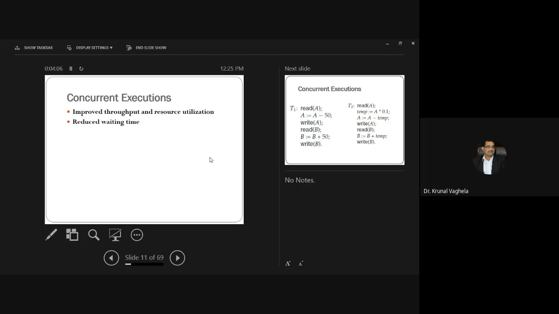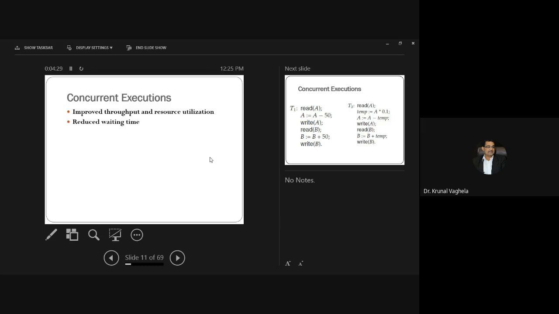So why concurrent execution? First, it improves the throughput. Throughput means the number of transactions in a unit time. The more people do transactions in parallel, the more the throughput of the system improves. Second, better utilization of resources, and third, reduced waiting time.